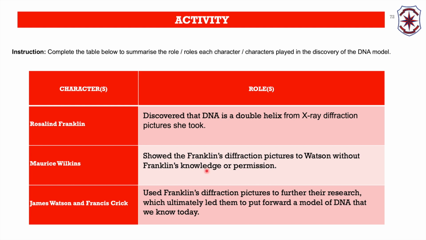Watson and Crick actually used Franklin's diffraction pictures to further their research, which ultimately led them to put forward the model of DNA that we know today. So they took that research and continued from that, and then they put forward the DNA model that we know today. And it is they, together with Wilkins, that received the credit for putting forward the DNA model that we know today.